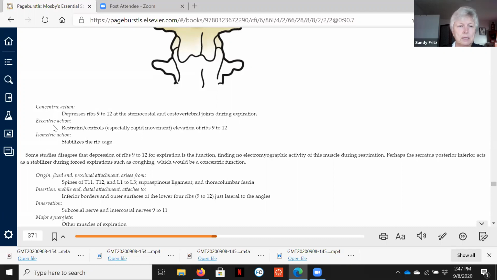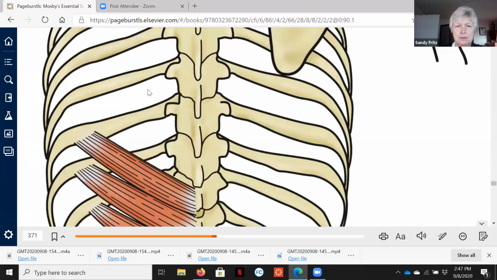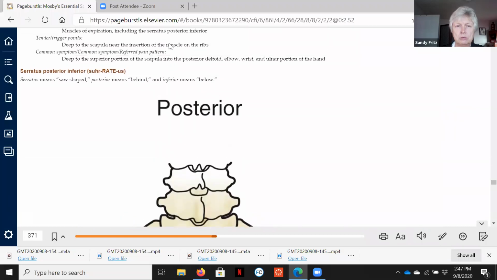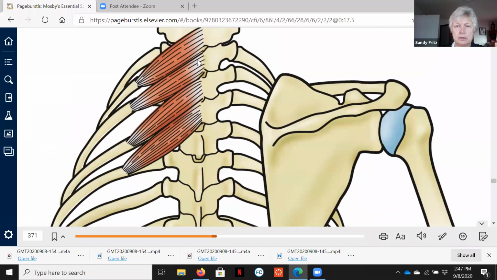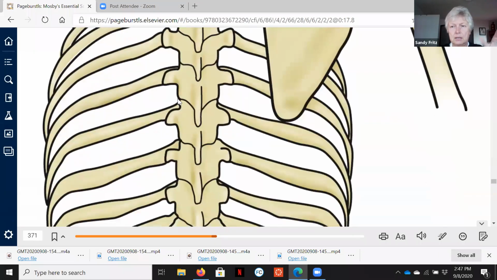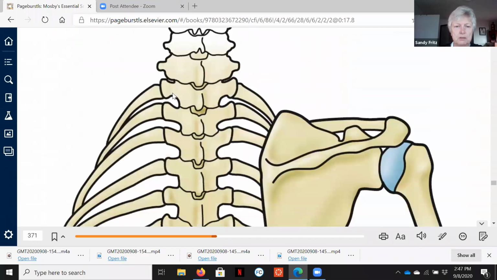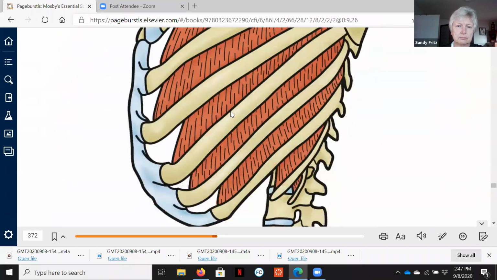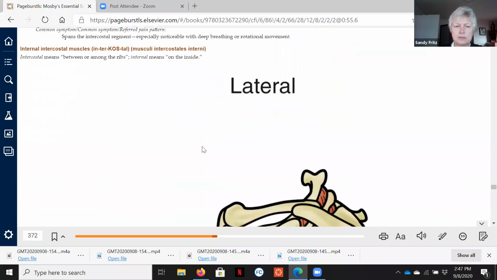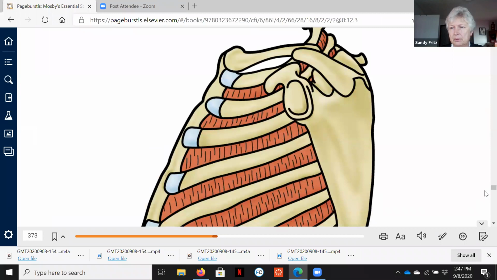And the eccentric action is to control elevation. So these two, they're connected. There's a functional lift and pull, inspiration, expiration. And that's, again, part of that functional muscle unit. These are the intercostals. Let's get down to another example.